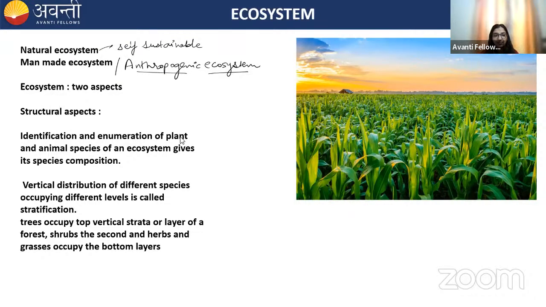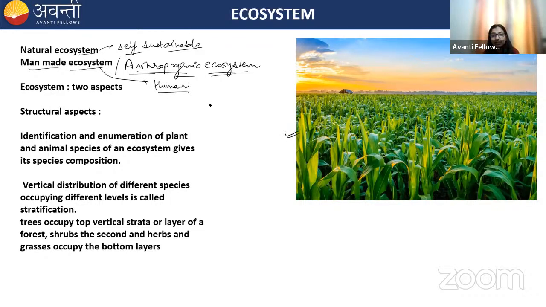Yes, Logesh. Very good. They are regulating their own system and are not dependent on others. But the man-made ecosystems, which are anthropogenic ecosystems, are regulated by humans.